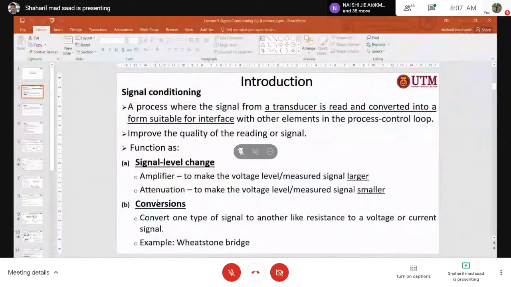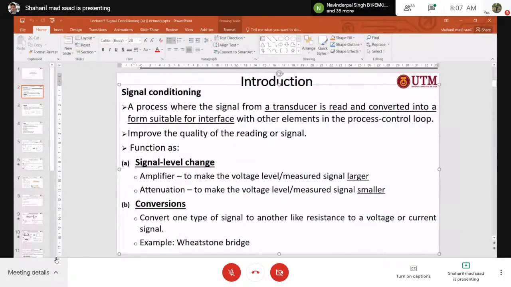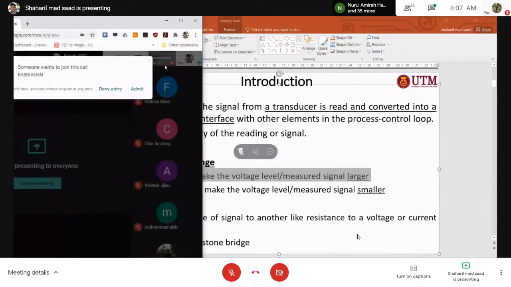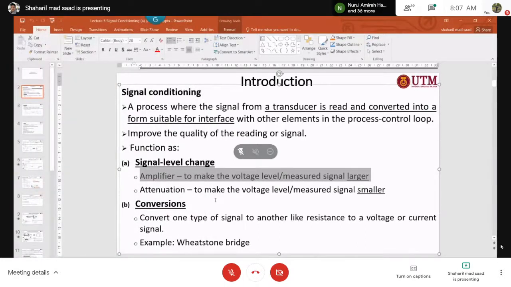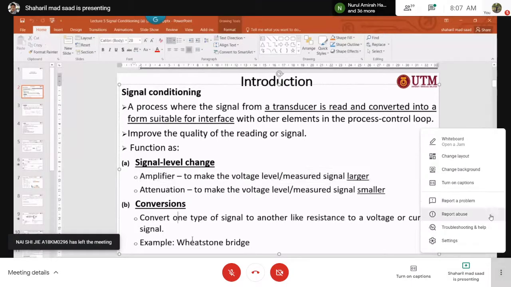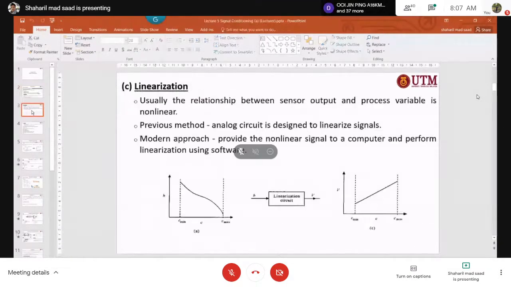Signal conditioning can be used as a signal level change. Amplifier means it amplifies. Attenuation means it de-amplifies, making the voltage become smaller. Conversion, as I mentioned before, can convert from resistance to voltage, for example.